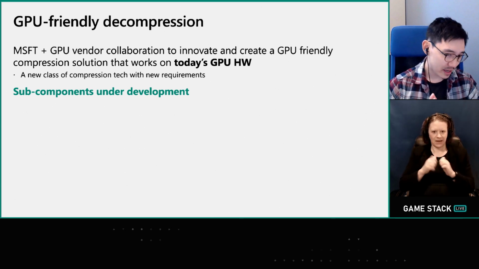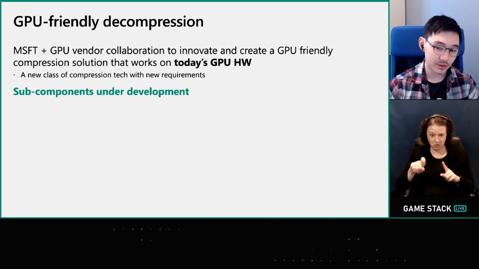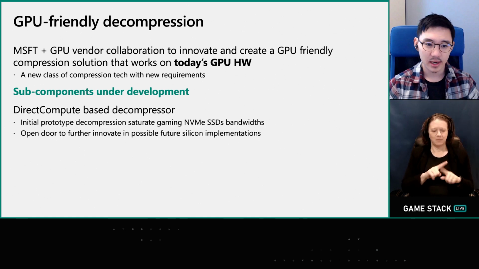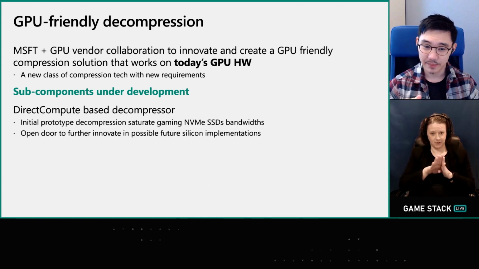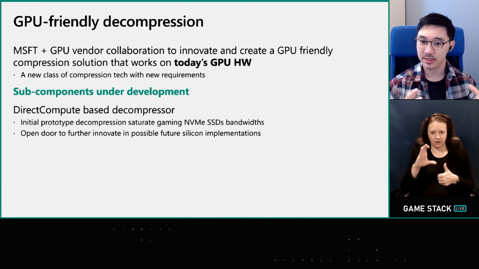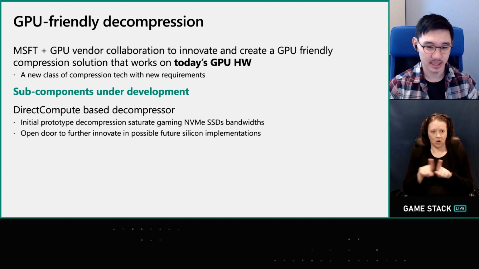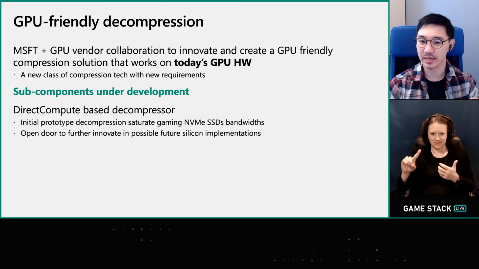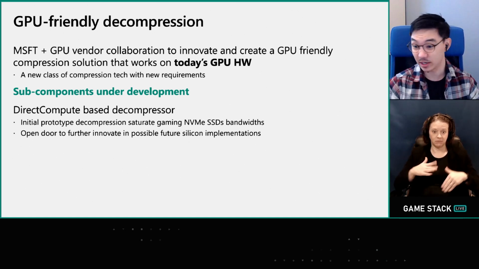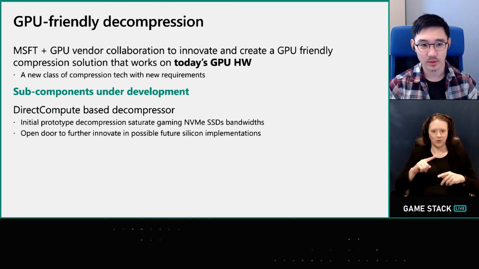You don't really have to worry about that, but there are 3 components under development, essentially. There's a DirectCompute-based decompressor that essentially allows us to run it on existing GPUs. There's an initial prototype that we have. It easily saturates gaming SSD bandwidth, and so we're pretty confident, we're pretty happy with the results and being able to enable you, the game developers, to take advantage of the full bandwidth once we're able to release DirectStorage.